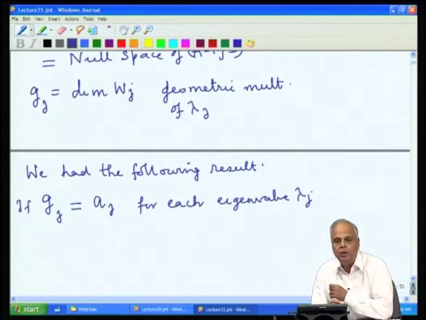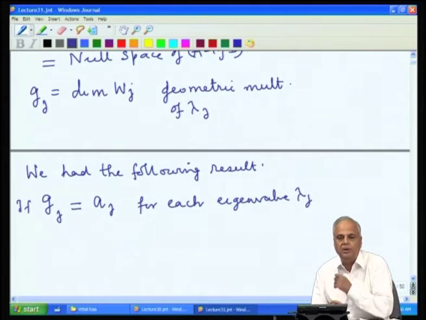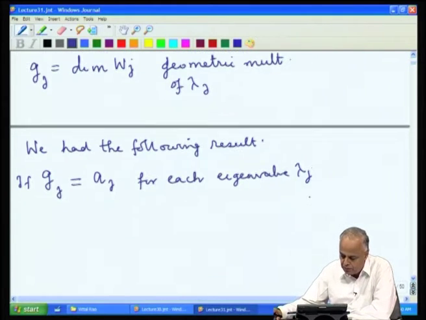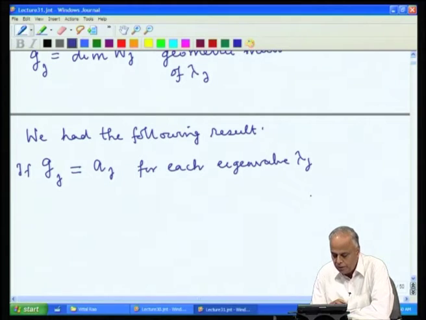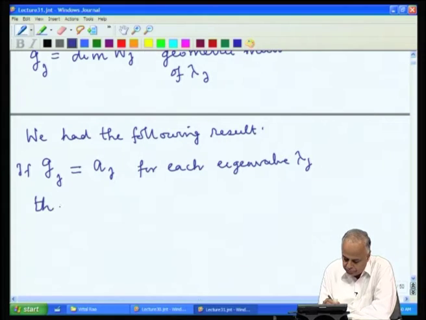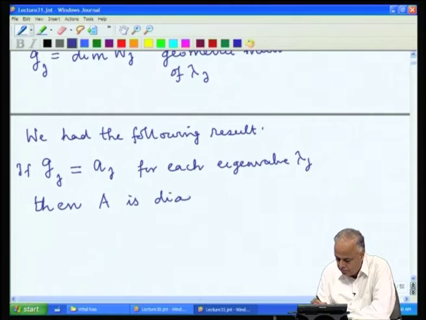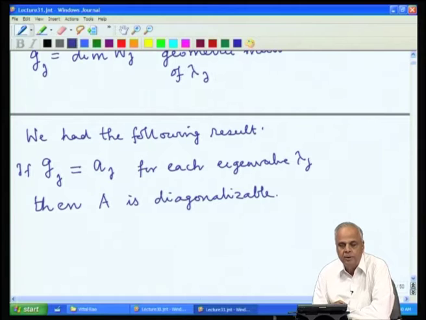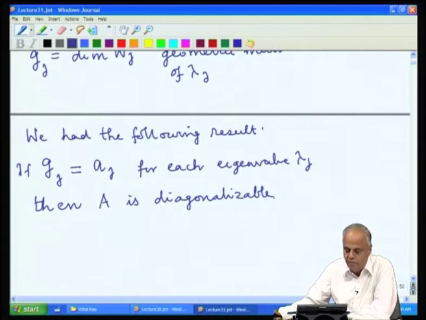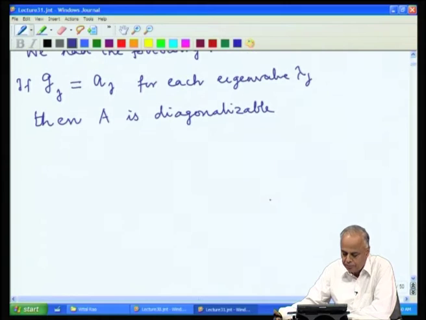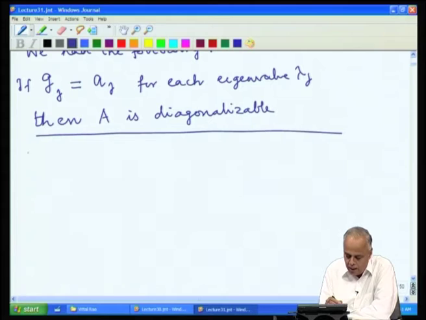So, it is not that G 1 equal to A 1 or G 2 equal to A 2, for each j, G j must be equal to A j. For if G j equal to A j for each eigenvalue lambda j, then A is diagonalizable, and we found that the diagonalizing matrix P was made up of all eigenvectors along its columns.